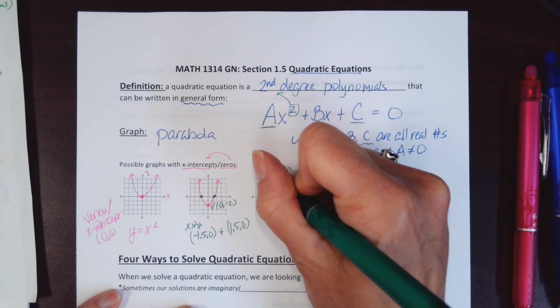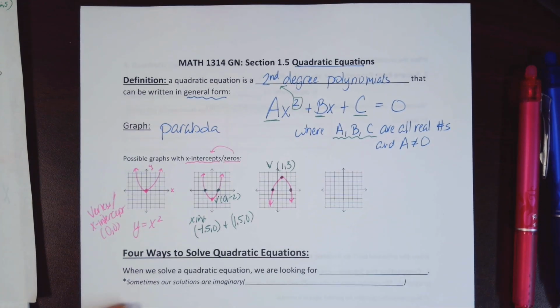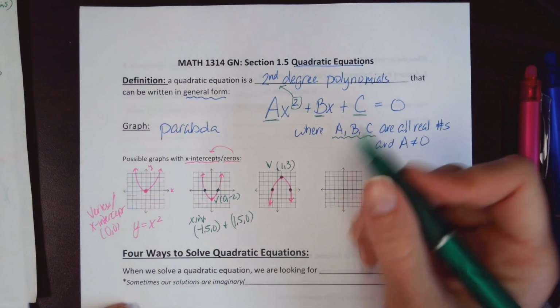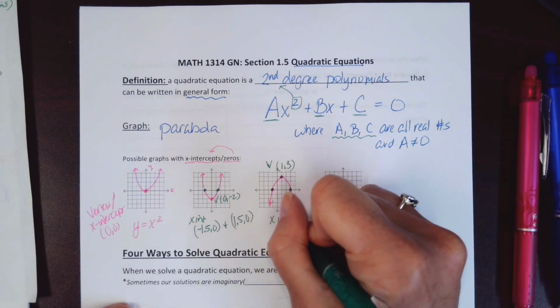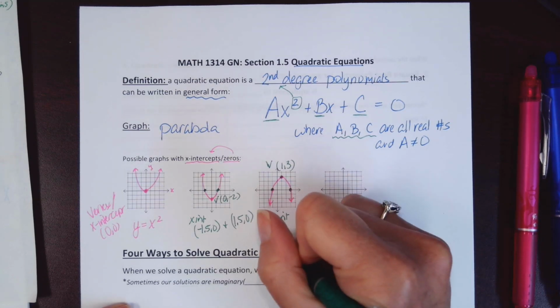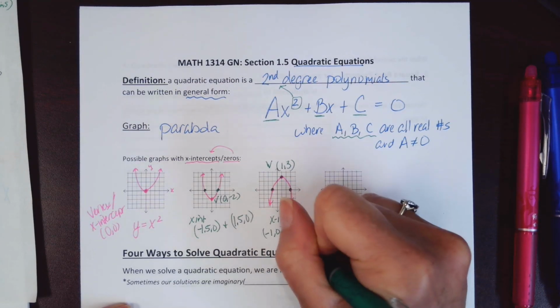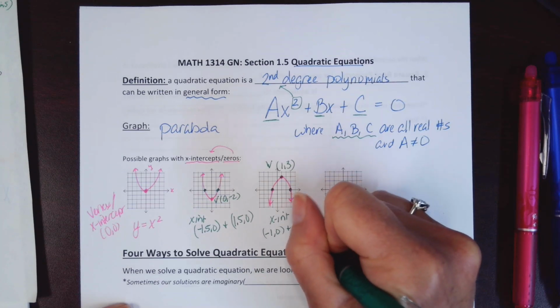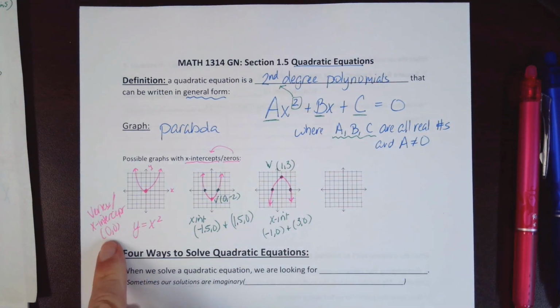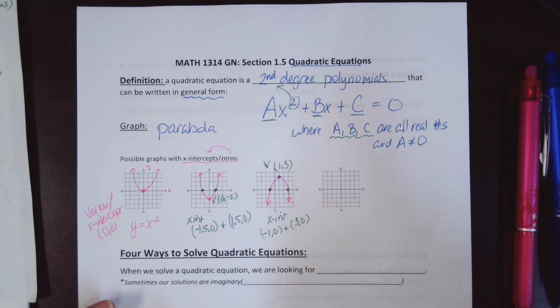That's where my vertex for my parabola is. The vertex is either the highest point or the lowest point of the parabola. And my x-intercepts fall at -1, 0, and +3, 0. Now if you start looking at these ordered pairs, you'll notice that the thing they all have in common is that my y-coordinate in my xy ordered pair is 0. That's what happens when I'm on the x-axis.